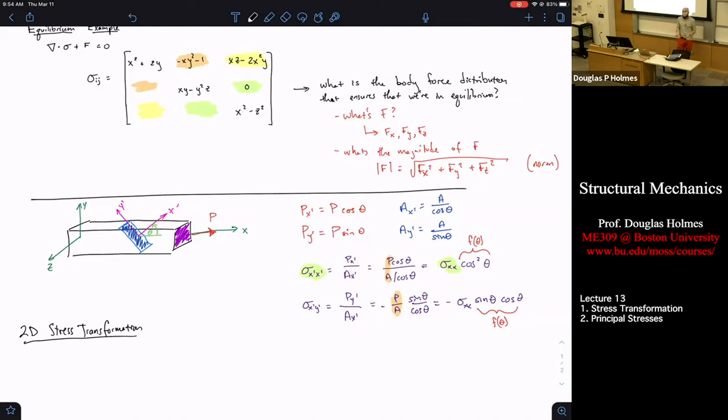And those are also objects that you're familiar with from linear algebra. They're the eigenvalues, which are the magnitudes of the principal stresses. Remember, once you diagonalize a matrix, you have a matrix that's got a bunch of numbers in it, and you do something to it to turn that matrix into a bunch of zeros, except on the diagonals, where you have some numbers.